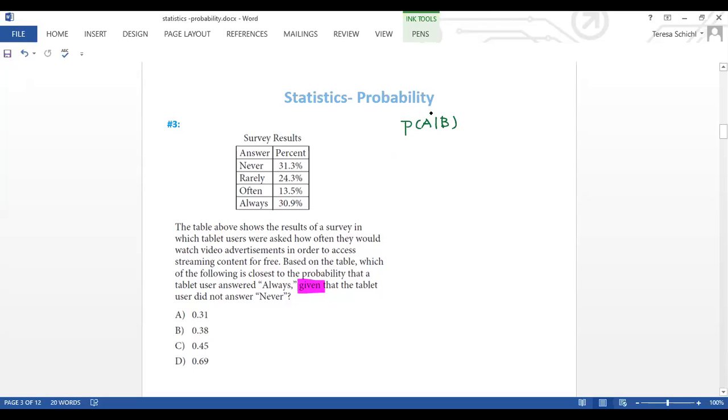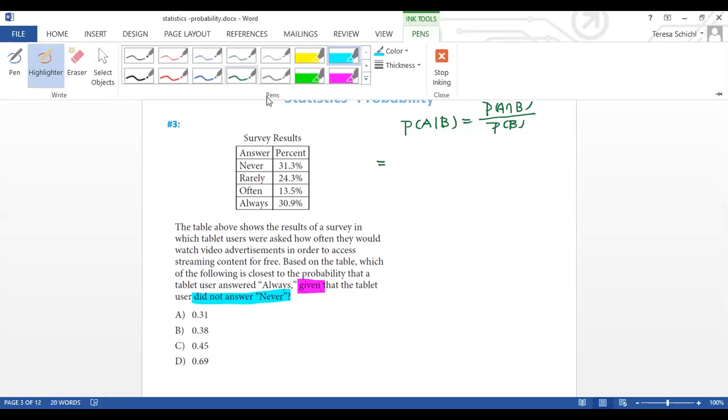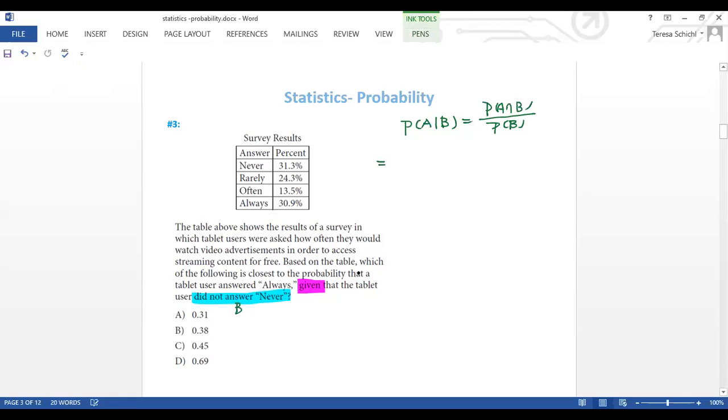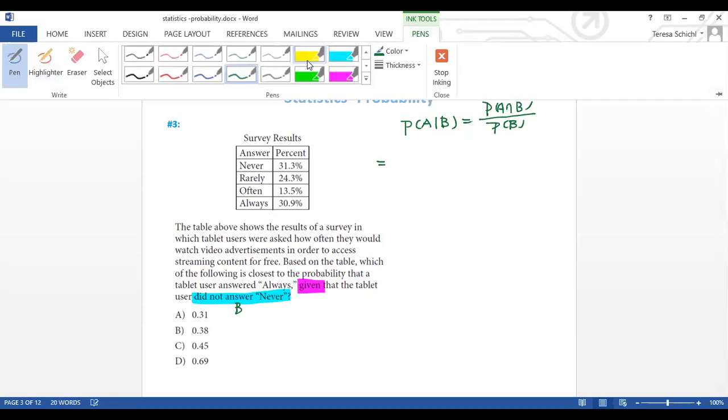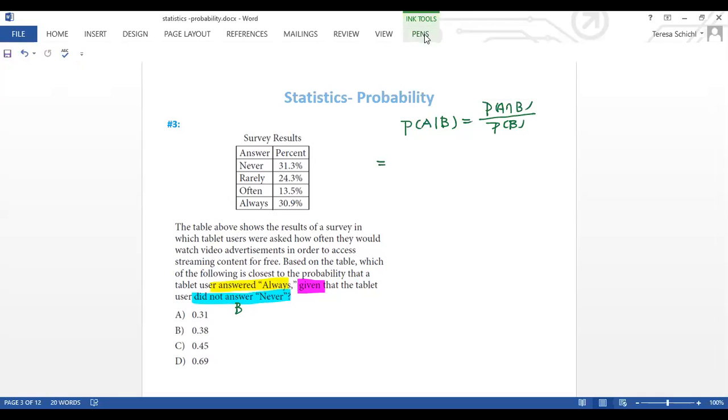The probability of A given B. During the review, I showed you this is the probability of B and the probability of A intersect B. Given that the tablet user did not answer never, this is my B. And the tablet user answered always, this is my A.